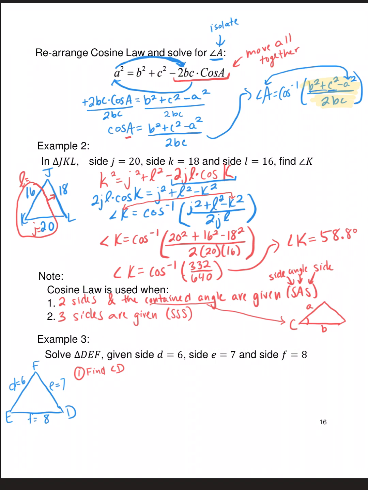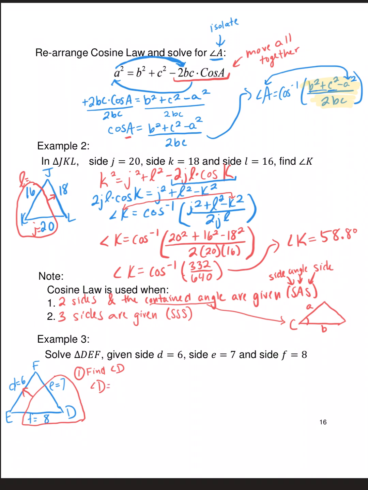So remember, if we're trying to find angle D, I'm going to circle, making that kind of circular triangle. That triangle there helps me find D, and then I'm going to point to side length D, so I remember that pattern of my cosine law. I'm going to go ahead and write the rearranged version of cosine law, matching up with what we've done above.